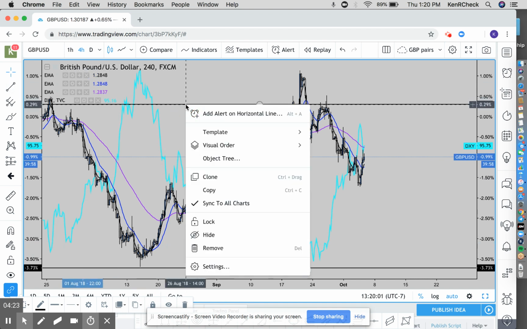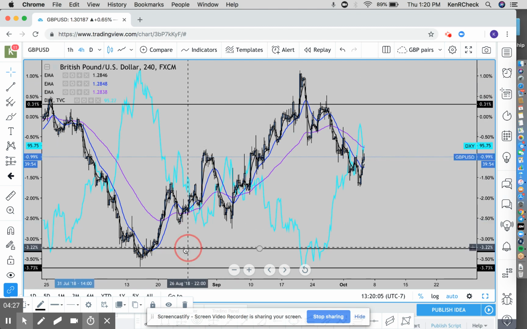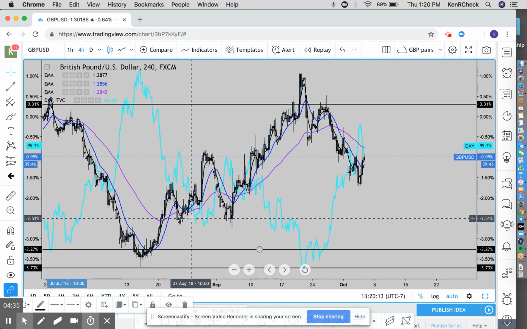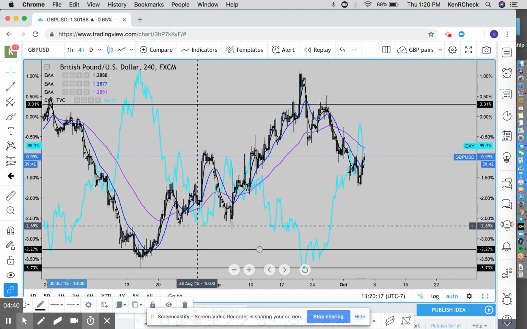Let's clone this. Perfect, it came all the way down. Identical: you see it going up, this is going down. The US dollar came into a nice double bottom here, so this is going up.